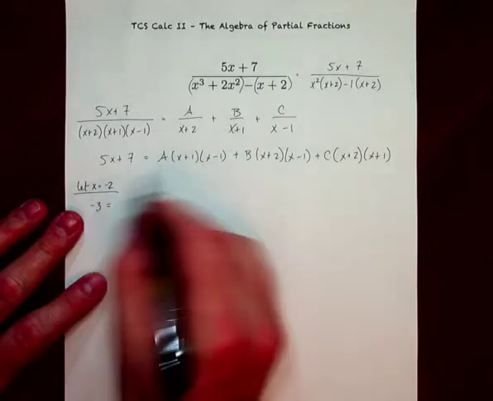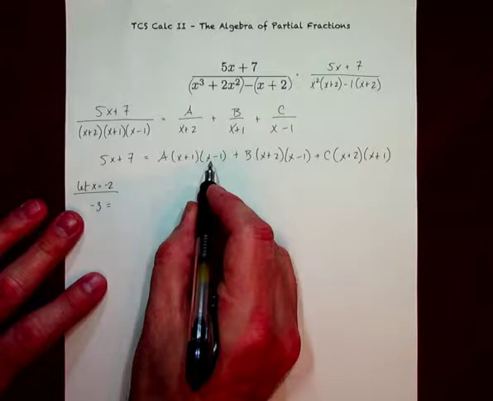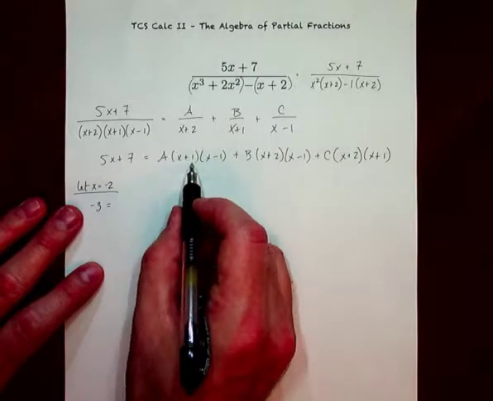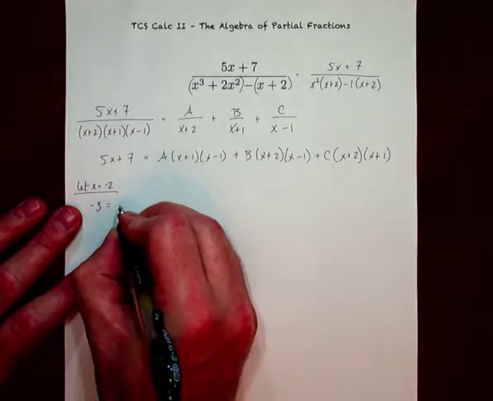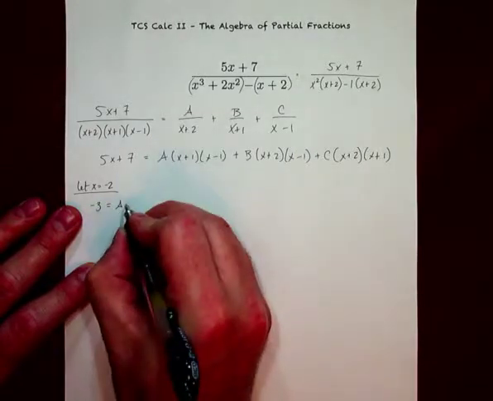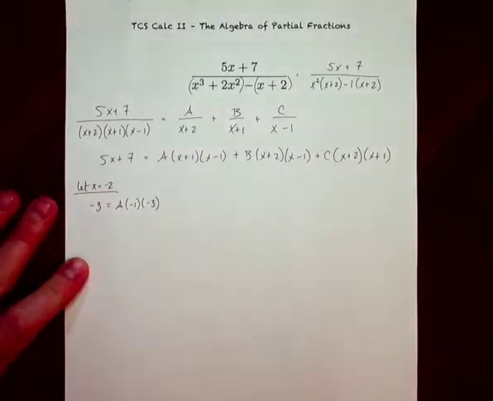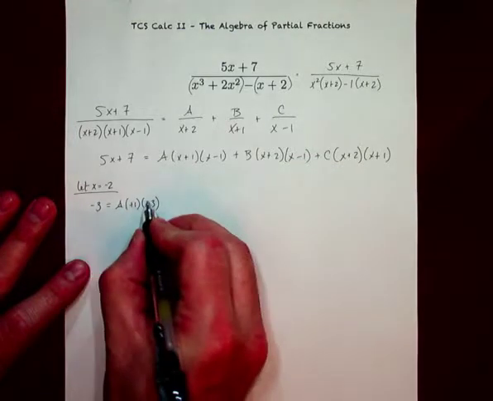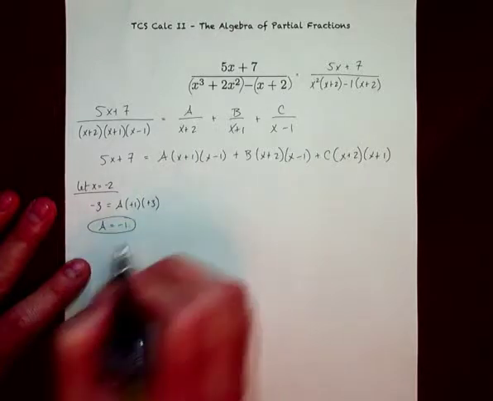And then -2 into here is -1, and -2 into here is -3. Those go bye-bye, these negatives cancel, and so A is equal to -1.